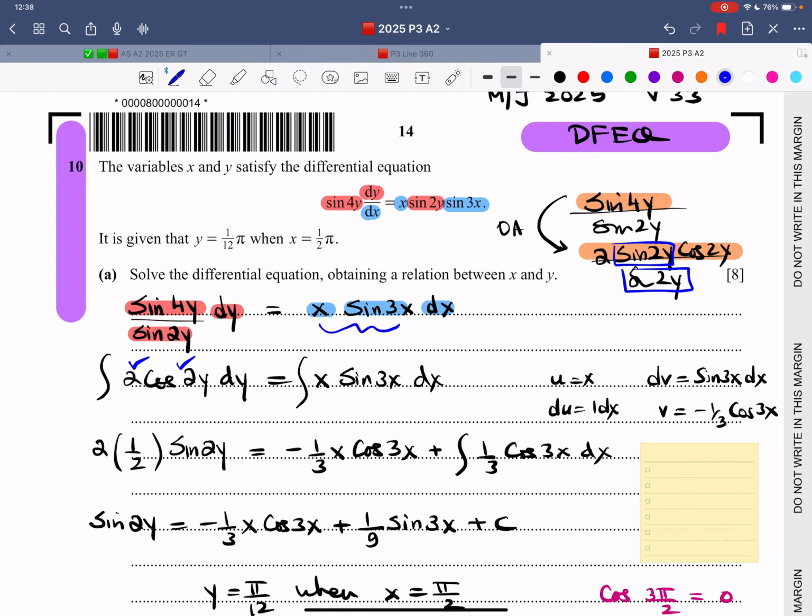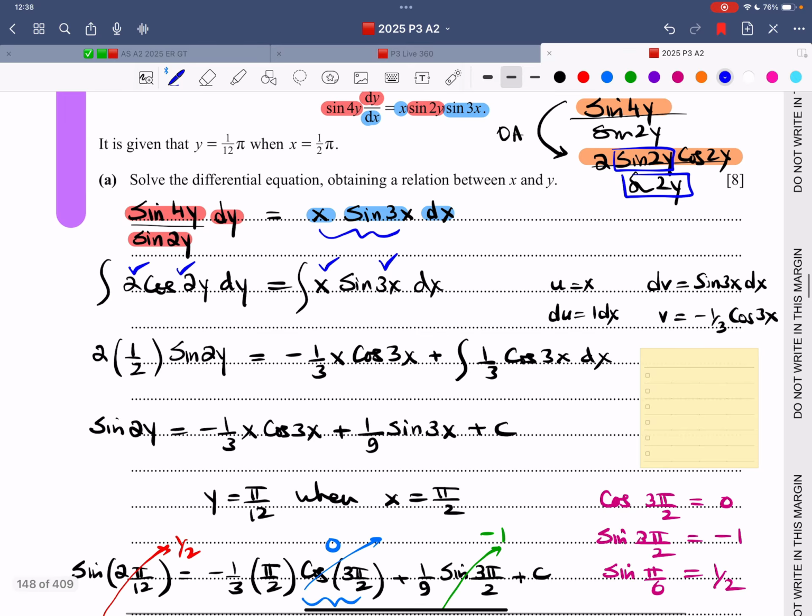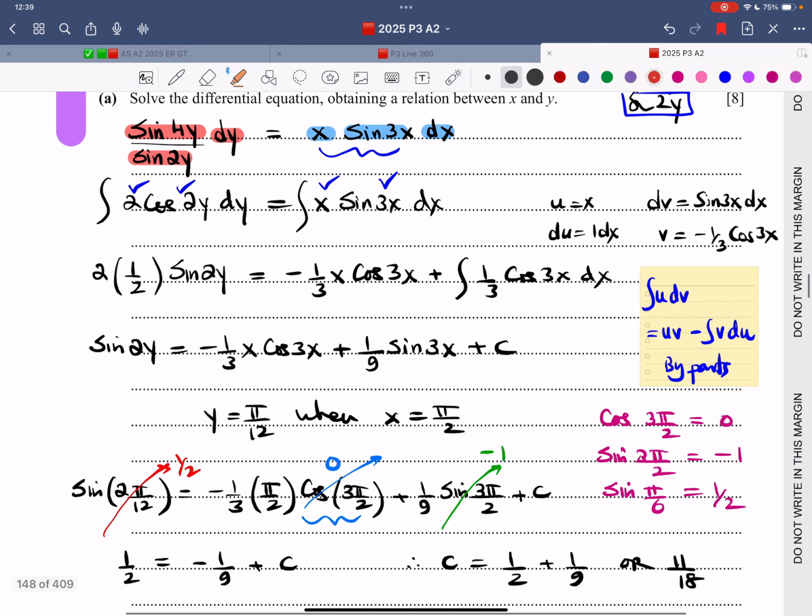X sine 3x, that has to be done using integration by parts. So this is basic trigonometry, integration by parts. We know the formula integral u dv is u v minus integral v du. That is by parts technique of integration. So now over here, let's focus. This is u, this is du, and this is dv, this is v.